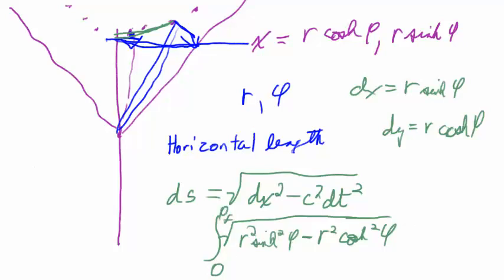I think I've got this backwards. Here it should be x equals r sinh phi and y equals r cosh phi. So that would make sense. This is going to be plus and minus down here because these are reversed.